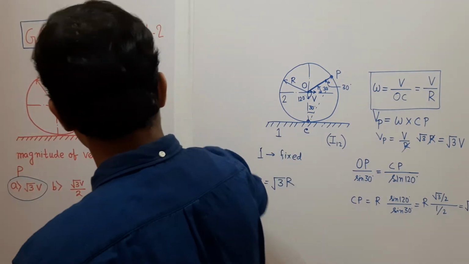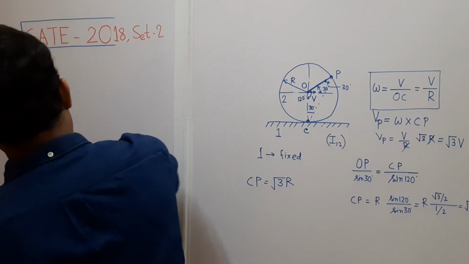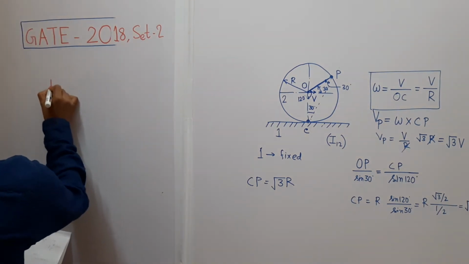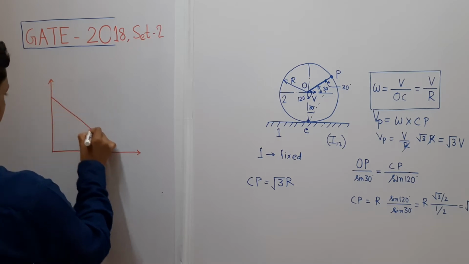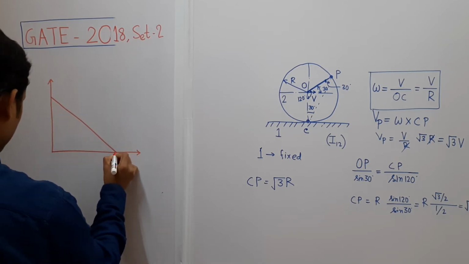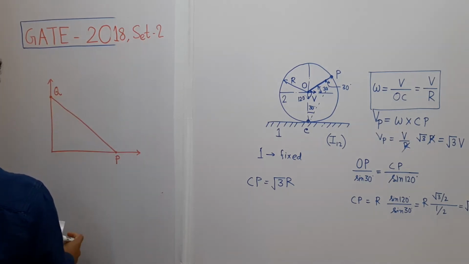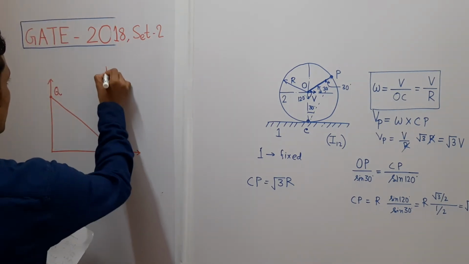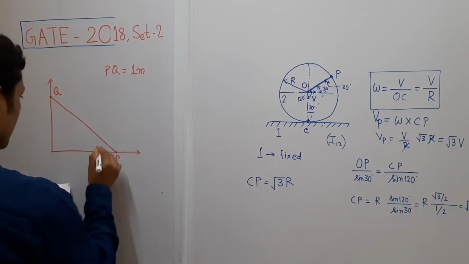There is a rigid rod PQ, and the length of PQ is 1 meter.